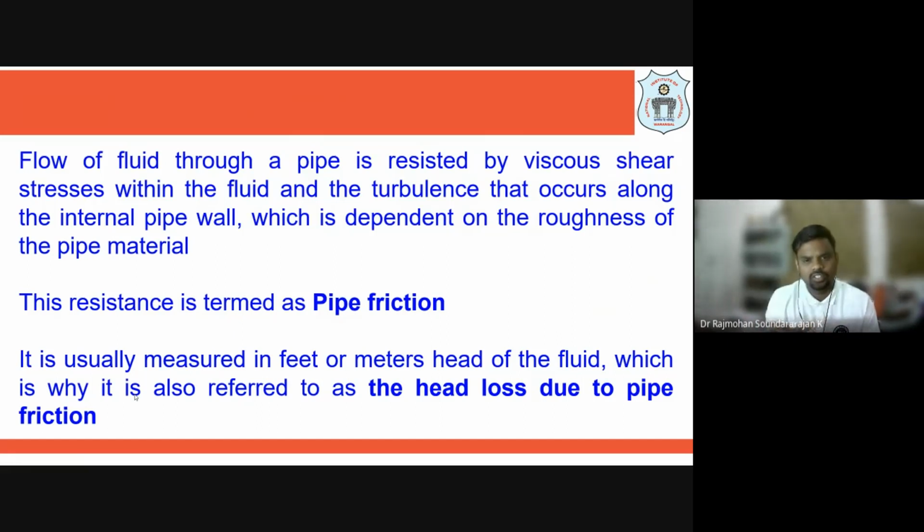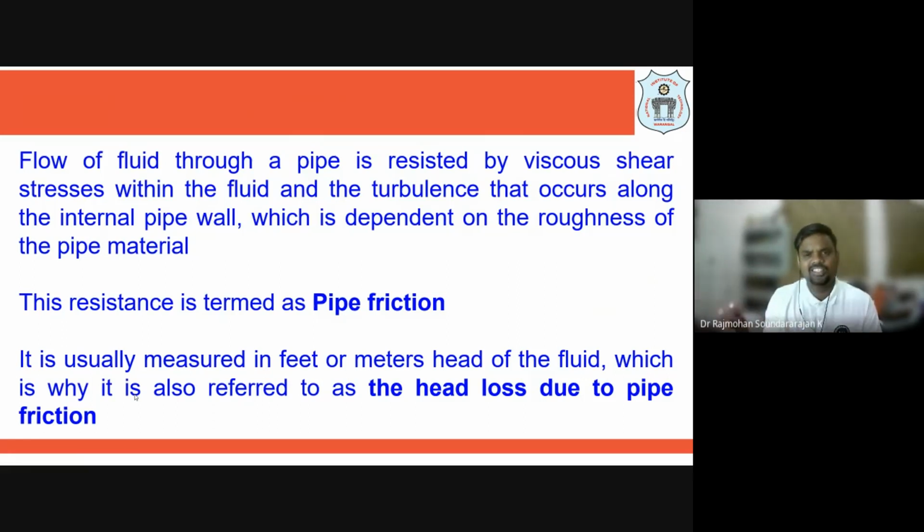This resistance depends upon the roughness of the pipe material, which depends on the age of the pipe, meaning the duration the pipe has been used. If a pipe is relatively new, roughness is going to be less, because it is just manufactured and has reached your place.